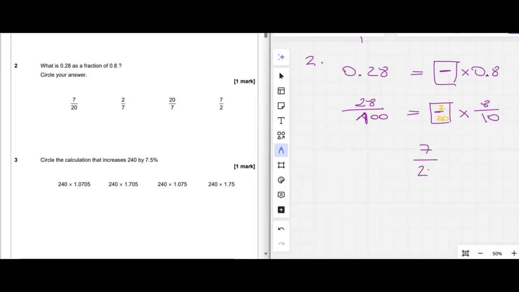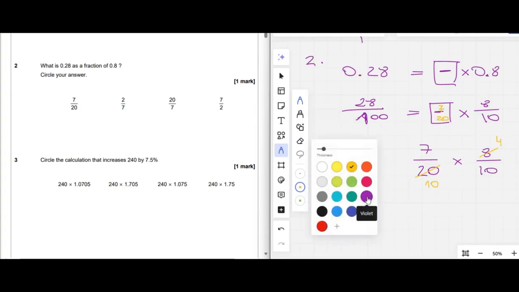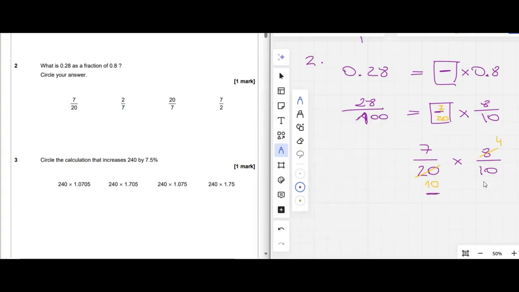On the right-hand side, we have 7 over 20 times 8 over 10. We should simplify first. Let's divide by a factor of 2. So 20 by 2 is 10 and 8 by 2 is 4. I did that because I want common denominator 100.